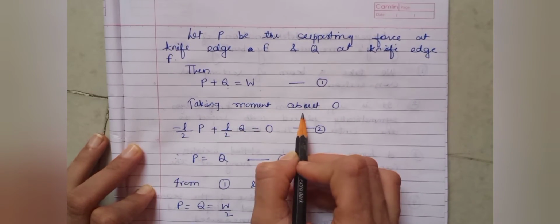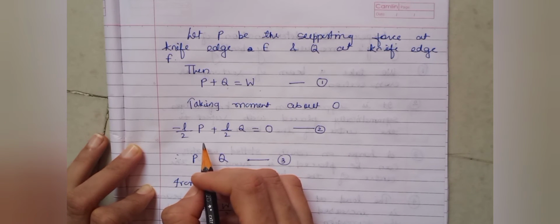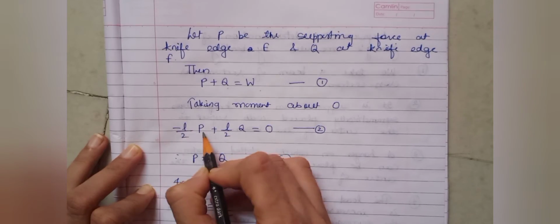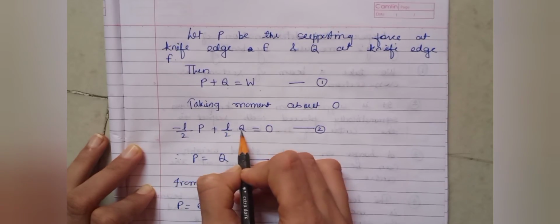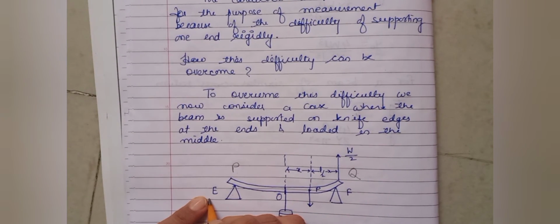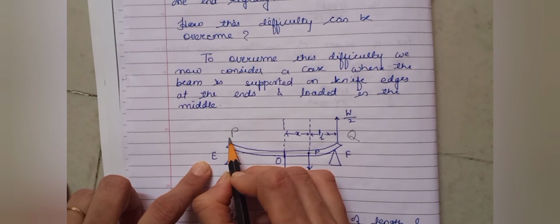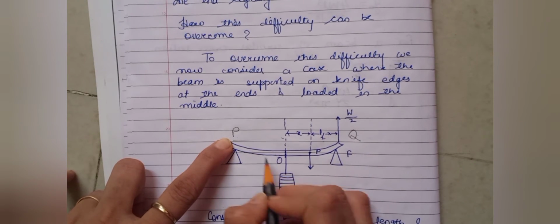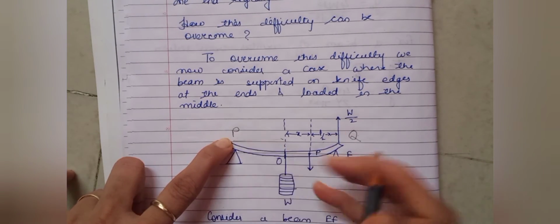Taking moment about O, we know that moment is distance multiplied by force. So minus L by 2 into P plus L by 2 into Q equals 0. We have taken minus L by 2 because it is on the negative side of the origin. This force P is multiplied by this distance, which is L by 2, but we have taken it negative because O is the origin and it is to the left side.